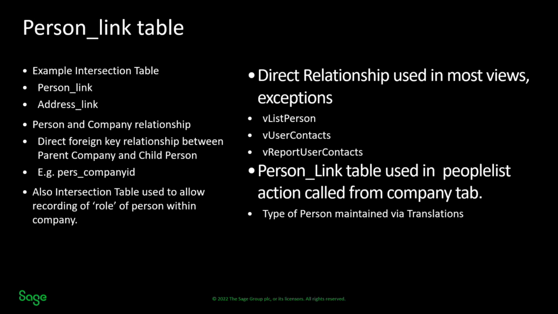Now, I mentioned that because when you come on to writing your own code that imports a person or moves a person from one structure to another, something that does get left off very often is the importance of the intersection tables.